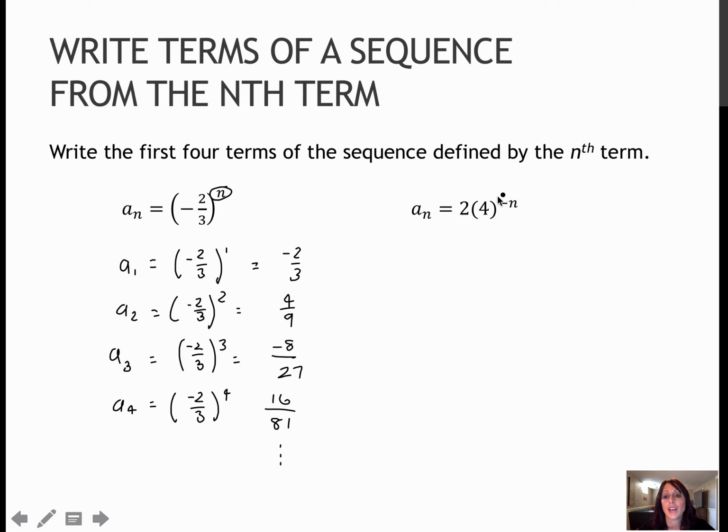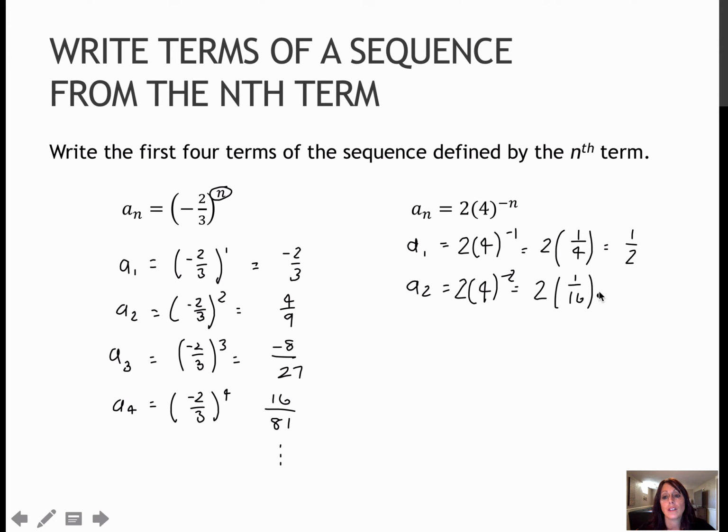For the second, notice I've got the negative n. So a sub 1 would be 2 times 4 to the negative first. And remember, the negative exponent tells us to essentially make it a denominator, or do the reciprocal. So this is 2 times 1/4, which is 2/4, which is 1/2. A sub 2 would be 2 times 4 to the negative 2. 4 to the negative 2 would be 1 over 4 squared, so that's 1 over 16, which gives me 1/8, so 2 and 16 reduce.